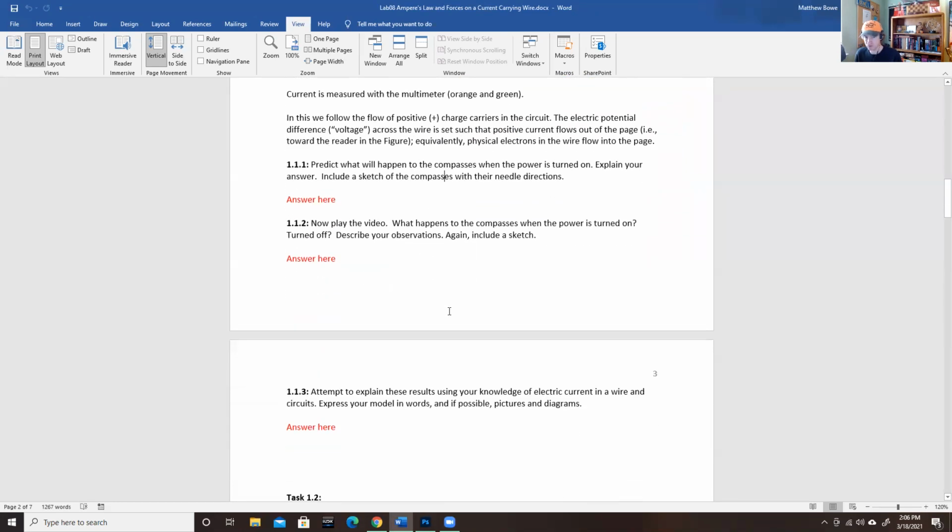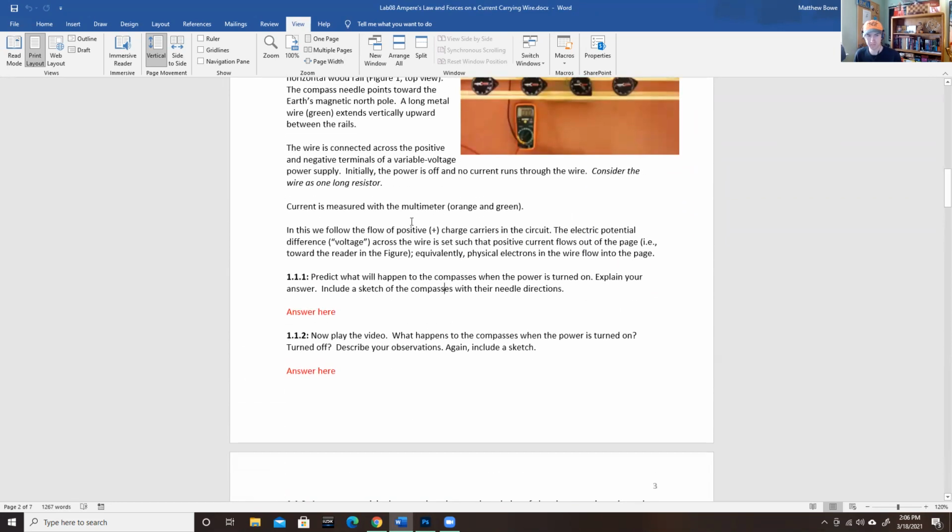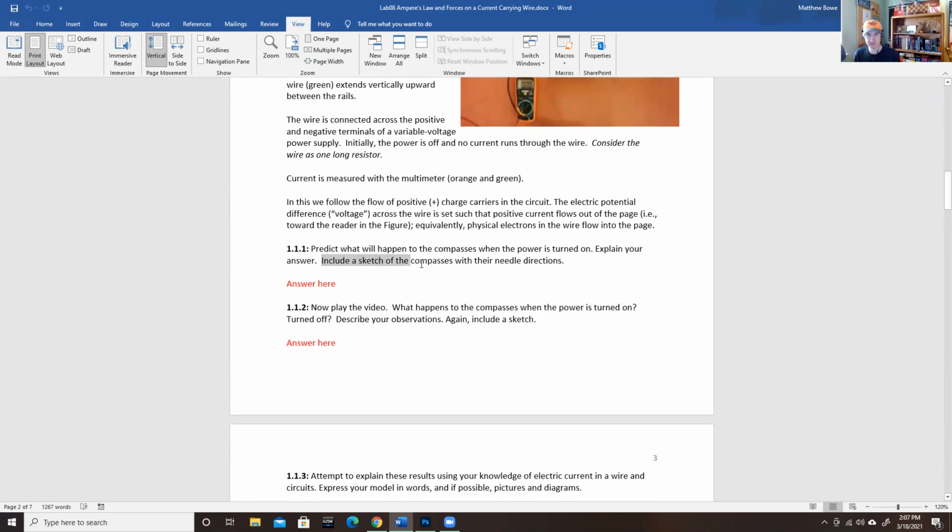So whatever your predictions are, draw what would happen. There's going to be quite a few drawings for these first parts. Include a sketch of the compasses with their needle directions, arranged to match the video. I want labeling, so it could be an arrow or an N for the north side of the compass.